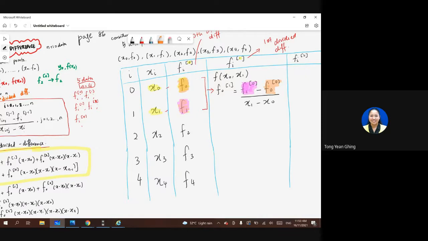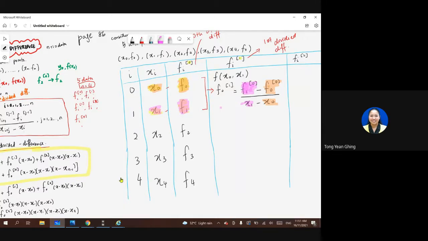And then x1, x0. Ini x1, this one x1. Boleh tak? Maksudnya kita ambil yang nilai y apabila that function kita gantikan dengan x1. Nilai y yang pertama minus nilai y not tu lah. So f1 minus f0 divided by x1 minus x0.